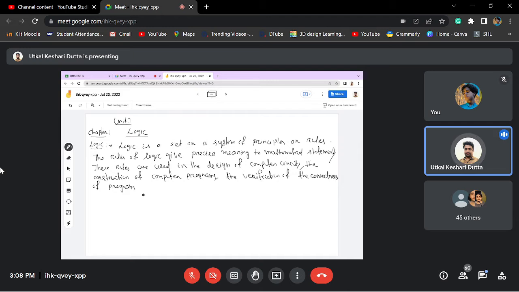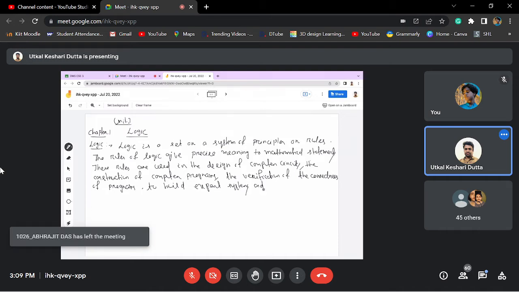That means using some rules or mathematical principles, you can check whether your program is running well or not. Logic is also used in some expert systems. Like this, in many other ways also.